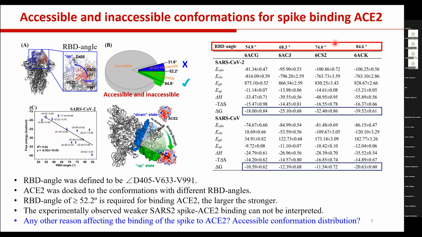And then we docked the hACE2 onto different conformations on the transition pathway. We found that only when the conformation has an RBD angle larger than 52 degrees could the hACE2 be docked onto the conformation.